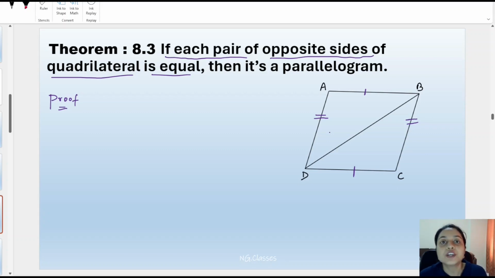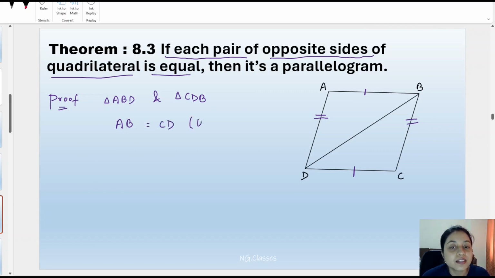Due to that, we got two triangles over here, triangle ADB and triangle CDB. Now, if we focus on these two triangles, we can see that side AB is equal to side CD, already given in the theorem.